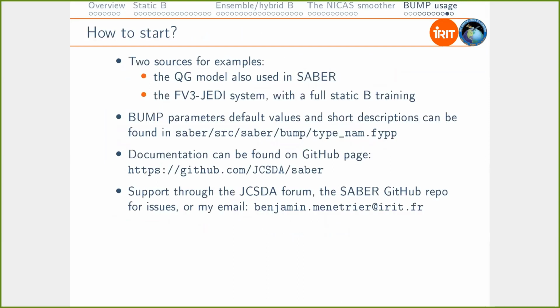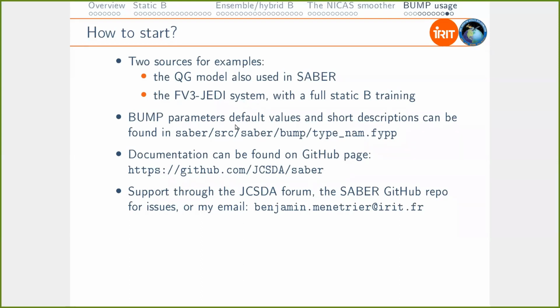So how to start? You can start by looking at two main examples, either in the QG model that is used for SABER tests, for the unit tests in SABER, and also you can have a look at the FV3 JEDI system. So in the coming version, there will be a full static B training provided.